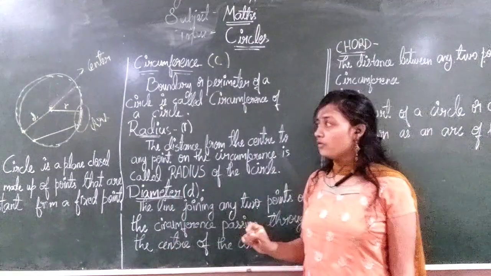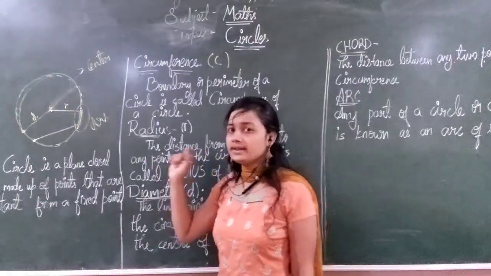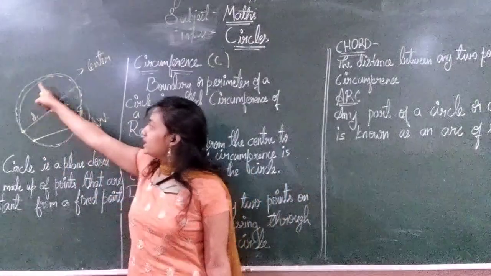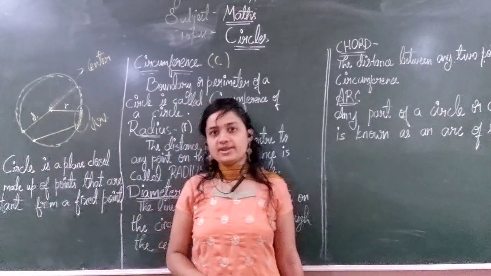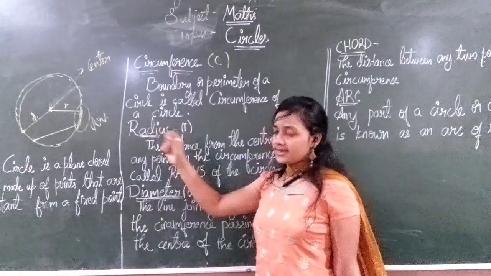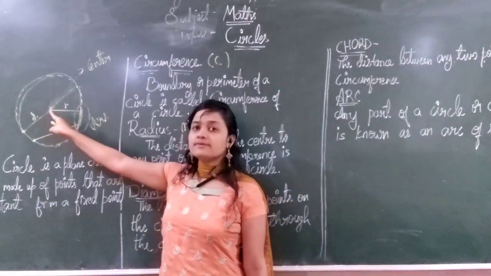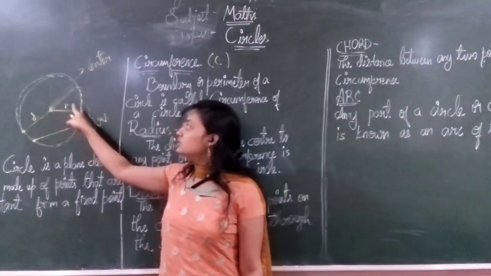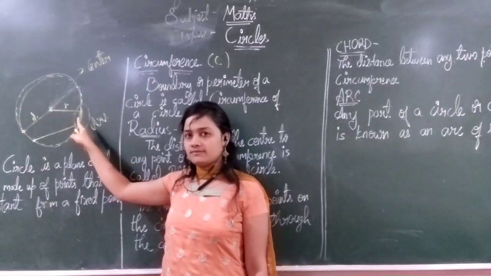Next, we go for radius, circumference. Circumference is nothing but the boundary of a circle. It's called circumference. And then radius. Radius is the distance from the center to any one point on the circumference.